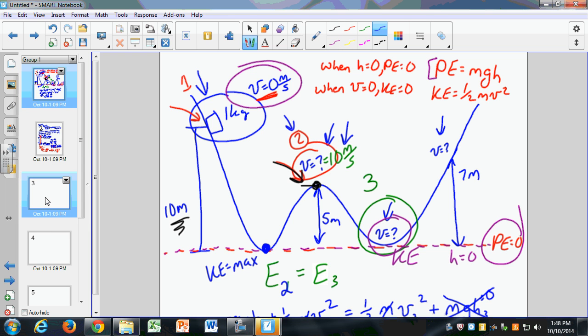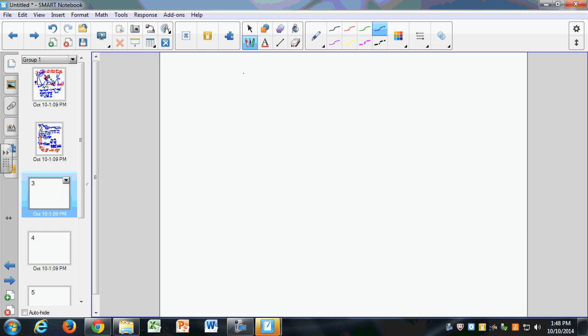Let's say that I have a 10 kilogram box. I drop it at a distance of 5 meters onto a spring that has a k value equal to, I don't know, 2.